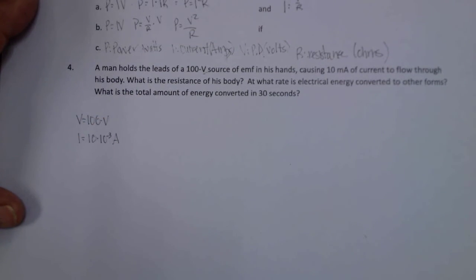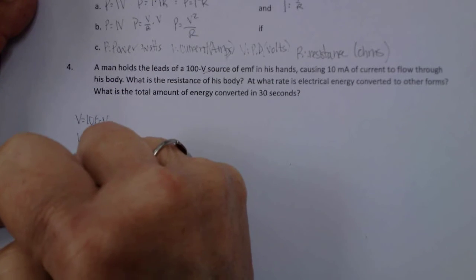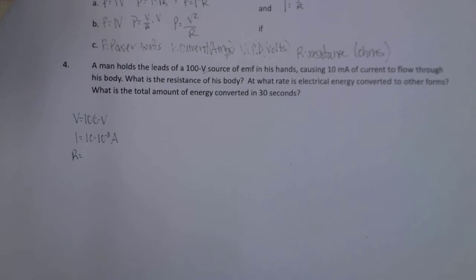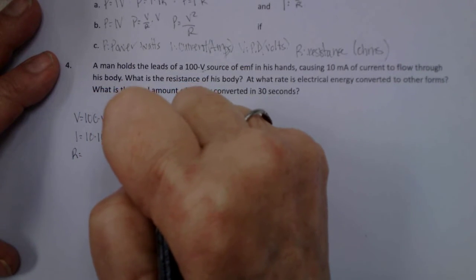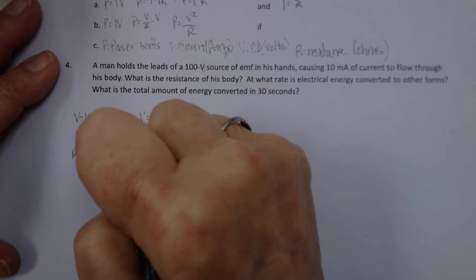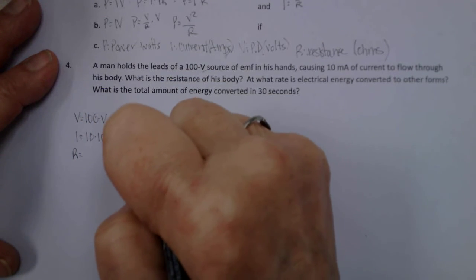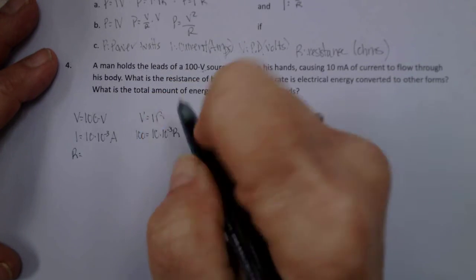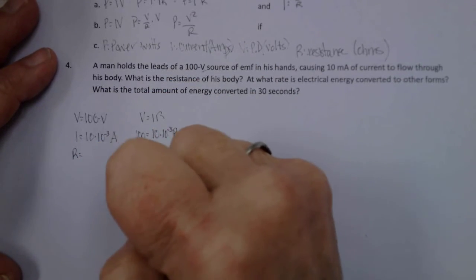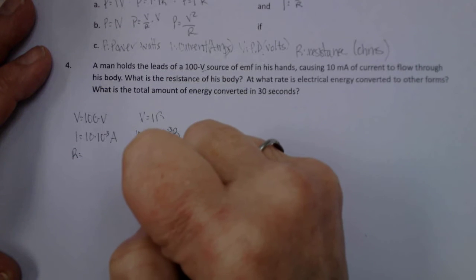And then finally, I'm looking for resistance. So do I have an equation that accommodates V and I and R? That's Ohm's law. V equals IR. So 100 is equal to 10 times 10 to the negative 3 times R. And R then is going to be equal to 10,000 ohms.